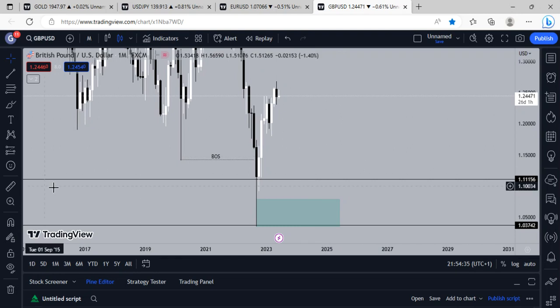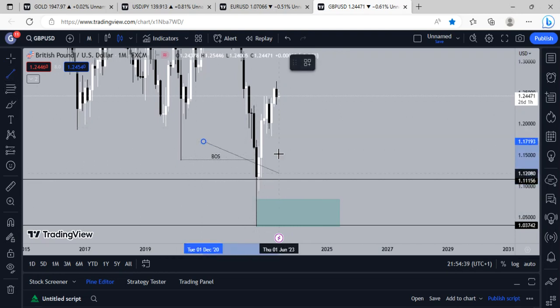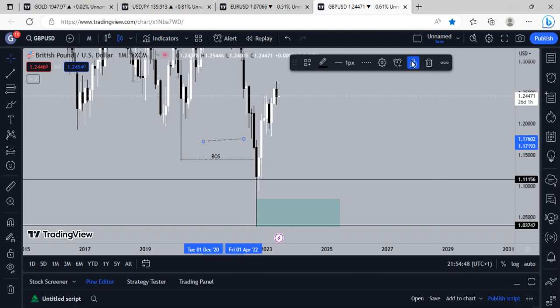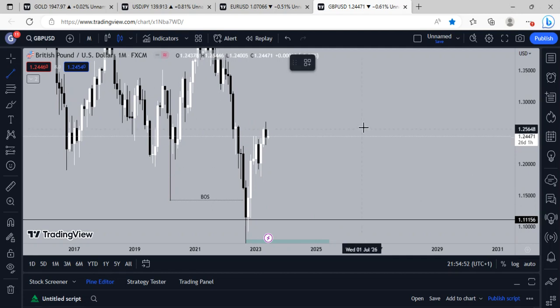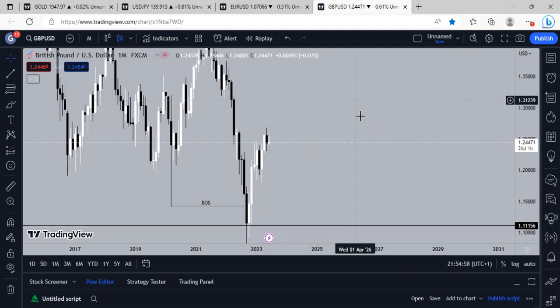In that being our BOS, what most traders will do is sell after this break of structure. But we do not sell, because price will move to the upside for something like inducements or a pullback. It's going to first respect the pullback, or the inducements.